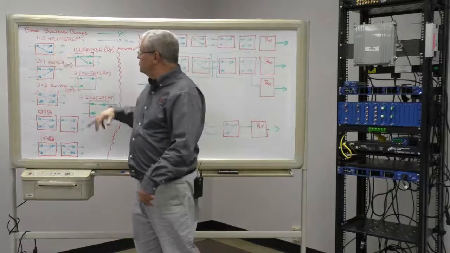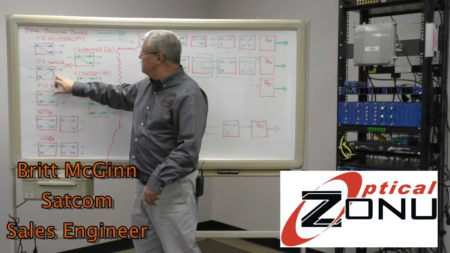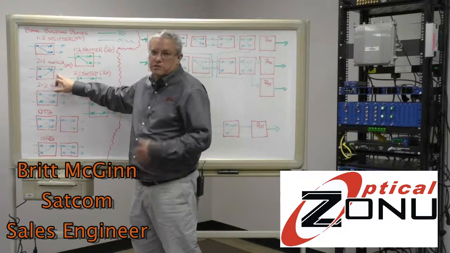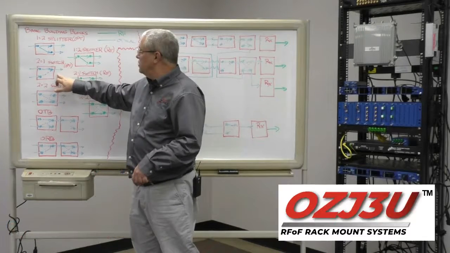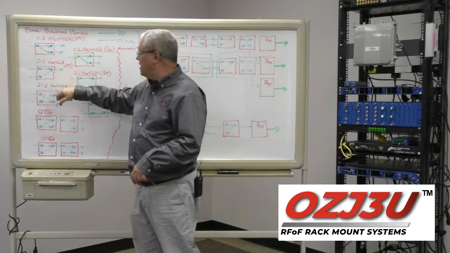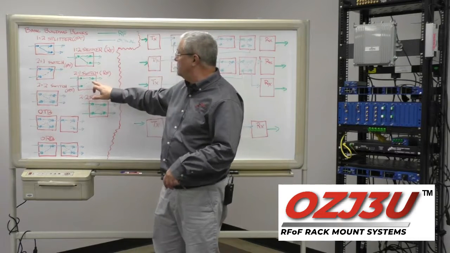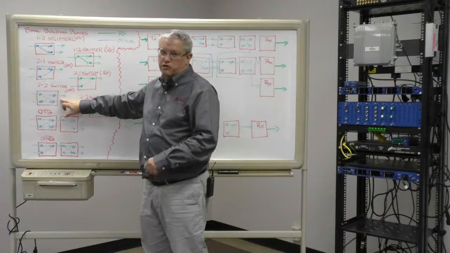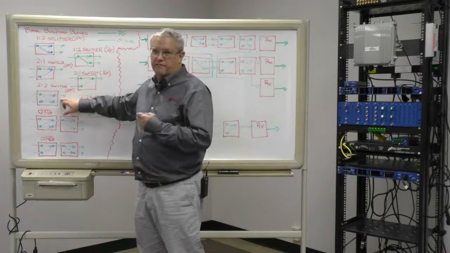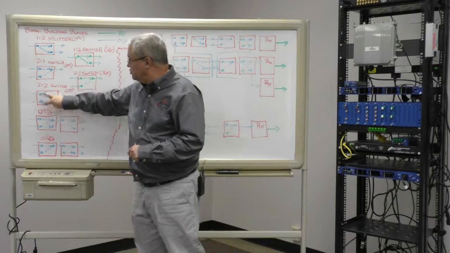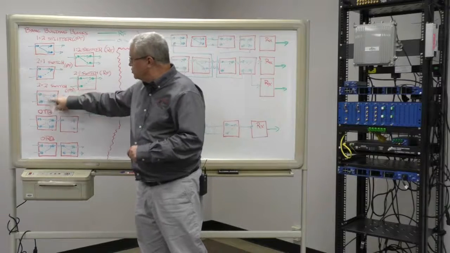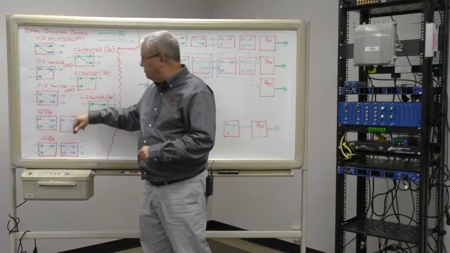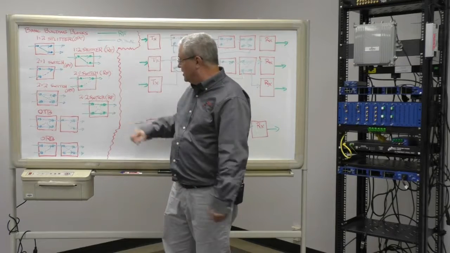We also have 2-to-1 switches, AB switches, switching between two inputs to one output, both optical and RF. We have 2x2 switches, which essentially have two states, straight through or switching two inputs to two outputs. We have both optical and RF again.